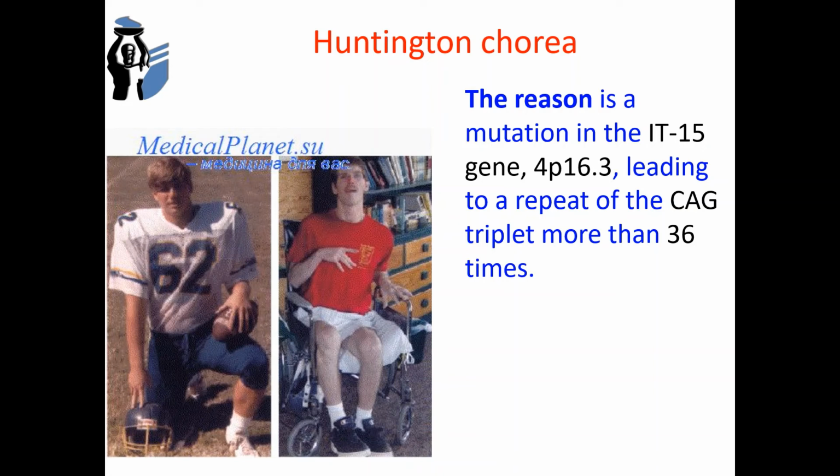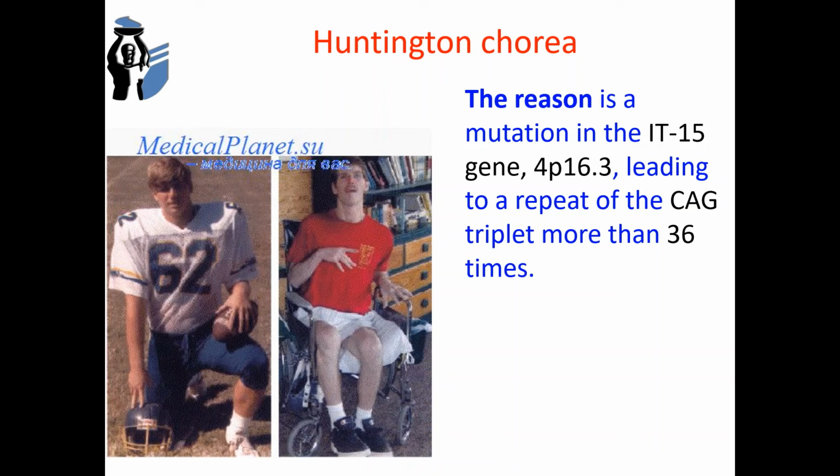As a result of this change, the huntingtin protein accumulates inside the neural nuclei in the striatum of the brain, which leads to degeneration. When huntingtin is broken down, toxic products are formed that cause the death of nerve cells.